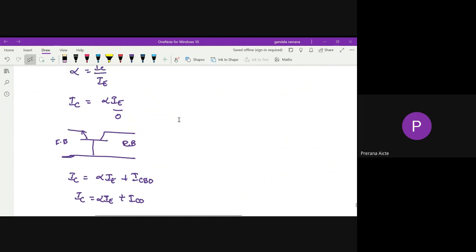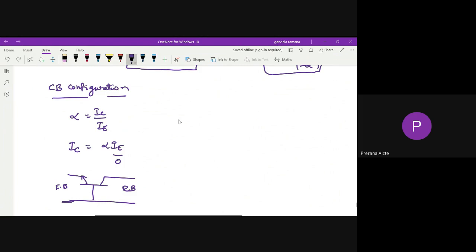So come to the CE configuration, the common emitter configuration. For this configuration, what is beta? Beta is equal to IC by IB. What is the output current equation? IC is equal to beta IB. In the same way, when IB is 0, does IC become 0?